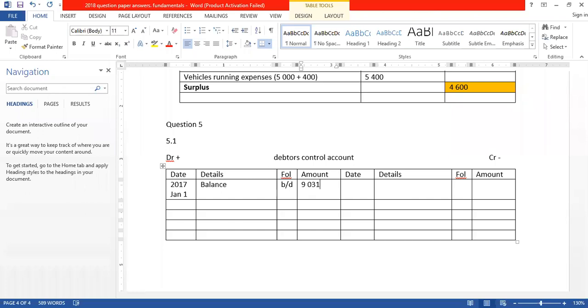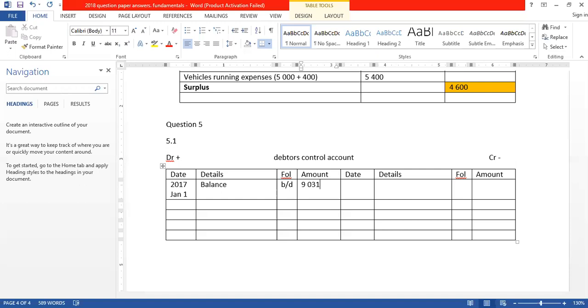Now, when debtors pay off their account, what happens to your debtors? Let me say a person was owing you $100 and then she came back and paid back the $100. What happened to her account? Her account decreased. She's no more owing you. Debtors decrease when the debtors pay off their accounts.